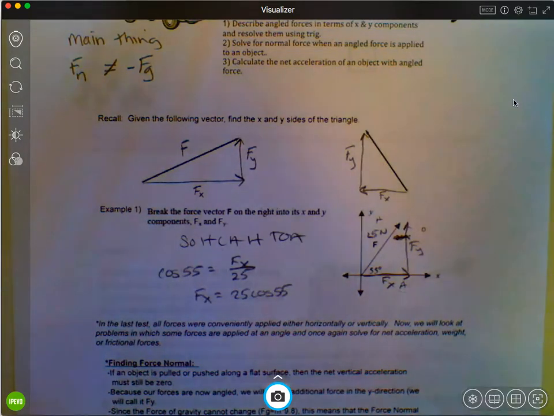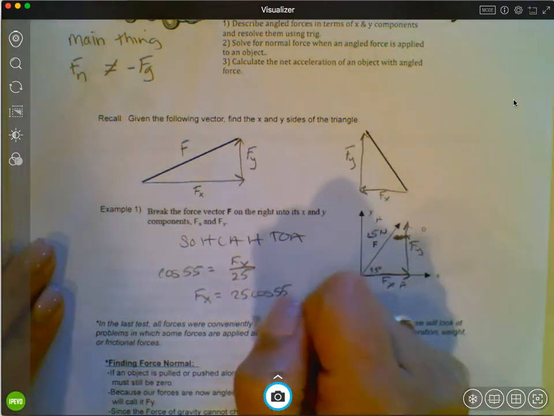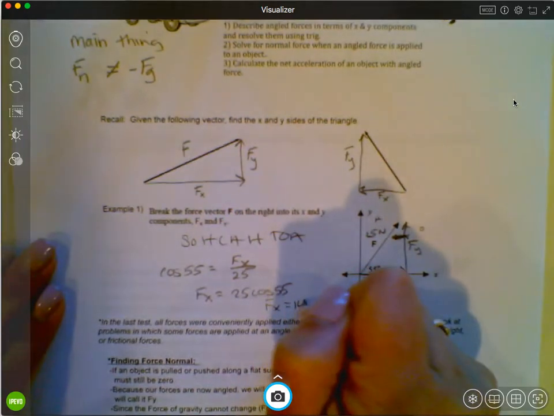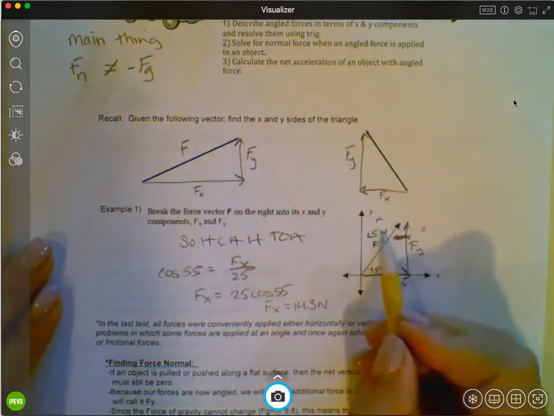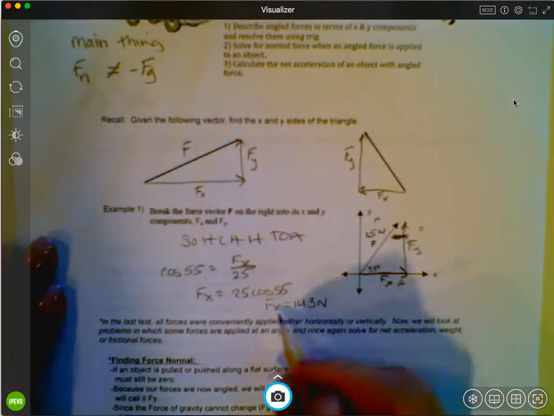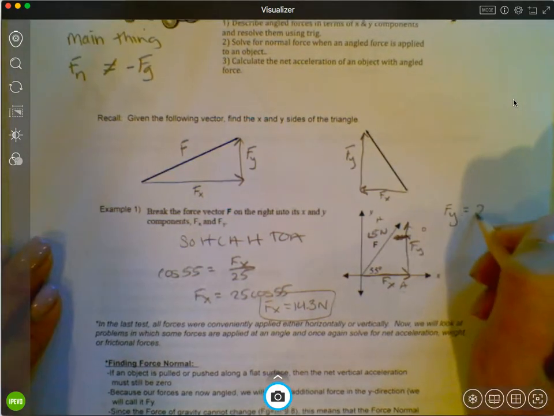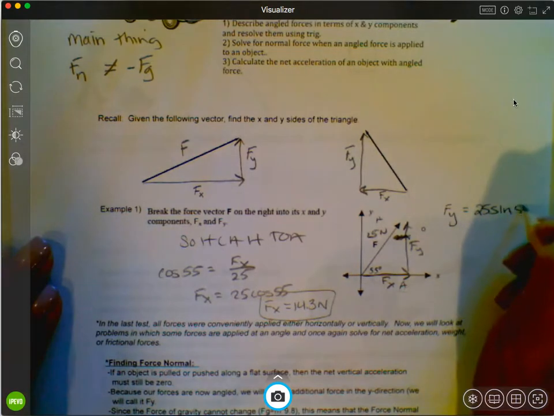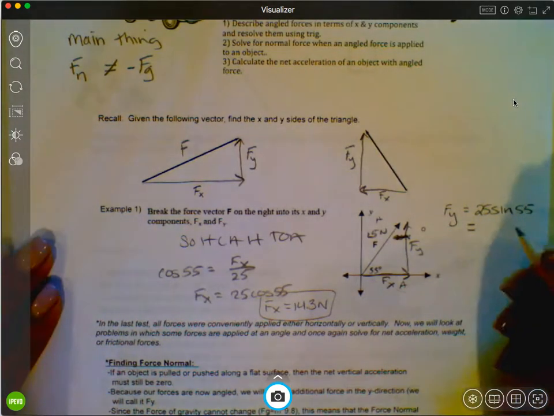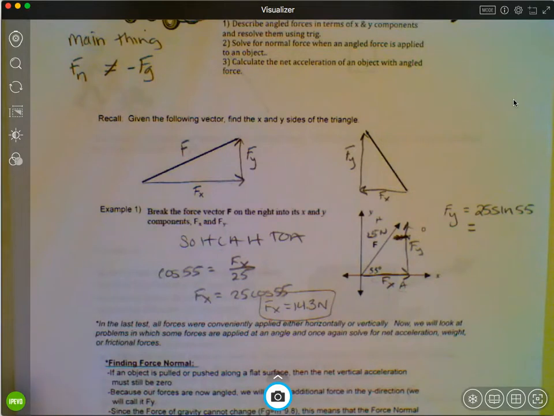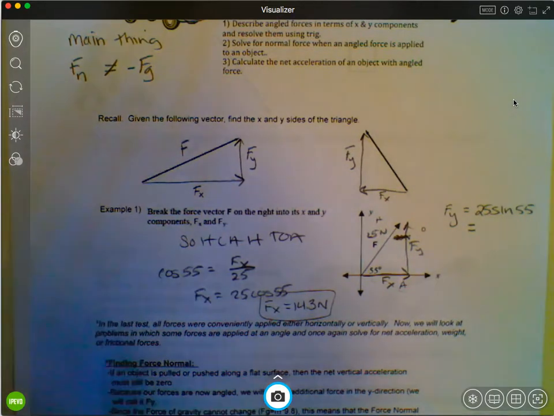And that gives us 14.3. Since this is in newtons, these sides will be in newtons. Okay. For Fy, we're going to use sine, so it'll be 25 sine 55. Okay, and if we do that, we get 20.5.